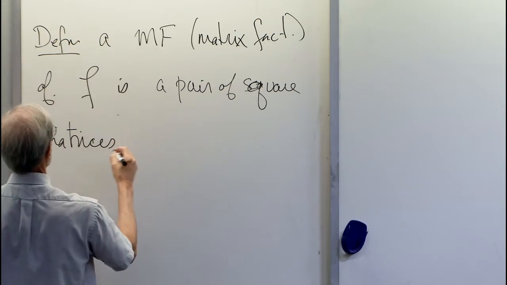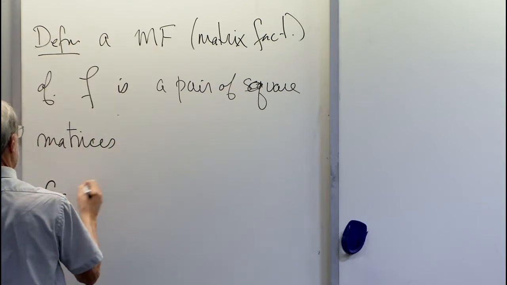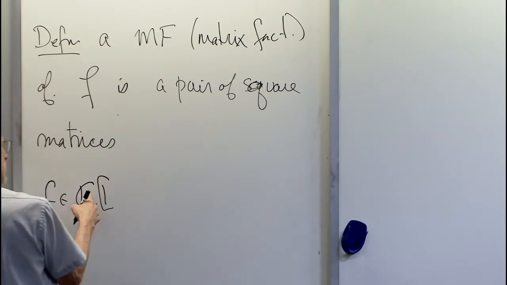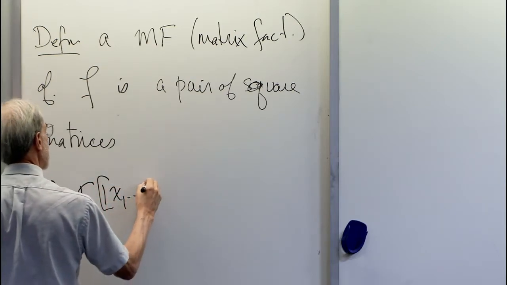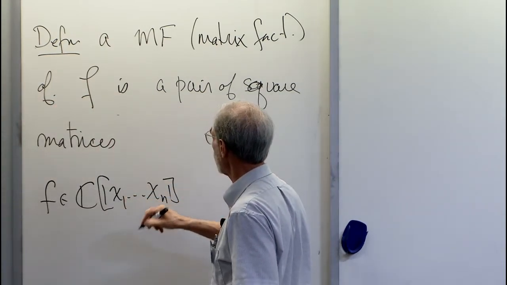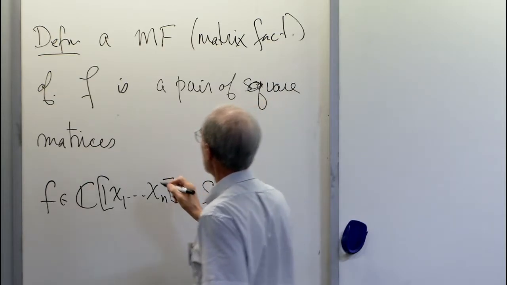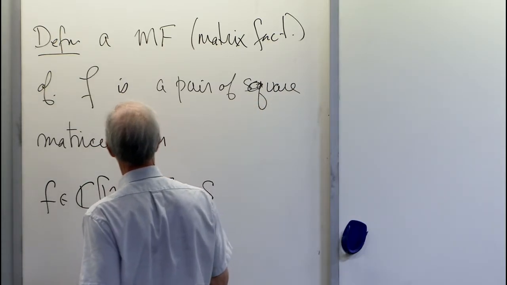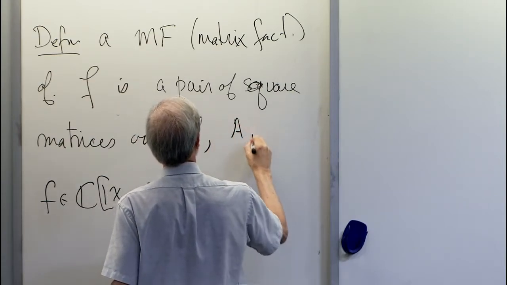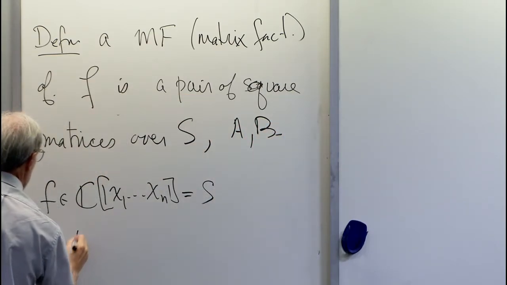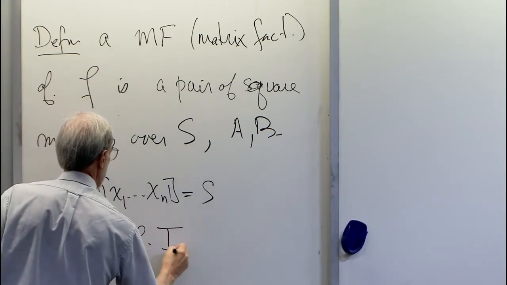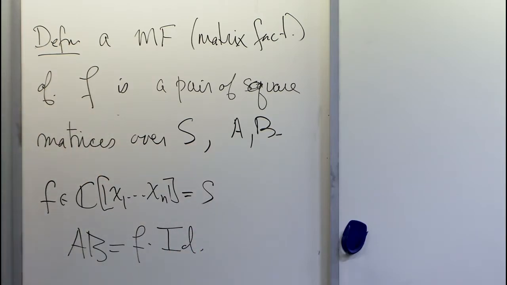So F, I'm going to be in the power series ring, F in K, or arbitrary field K. K here stands for an arbitrary field in n variables. And it's a pair of square matrices over this ring, which I'll call S, such that, let's say, A, B with A times B equals F times the identity of whatever size A and B are.